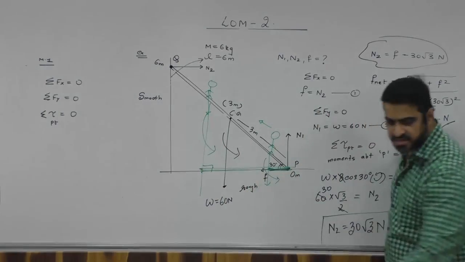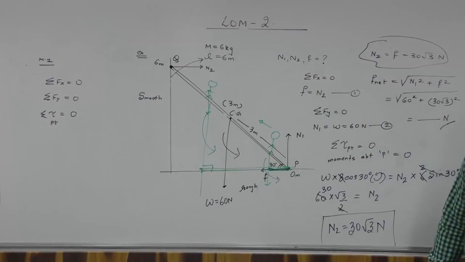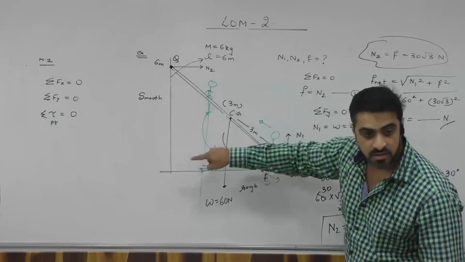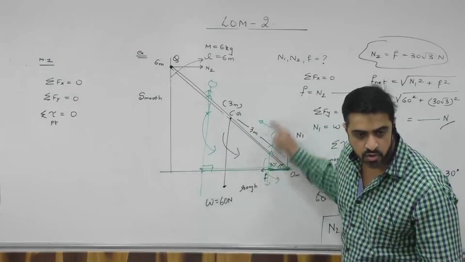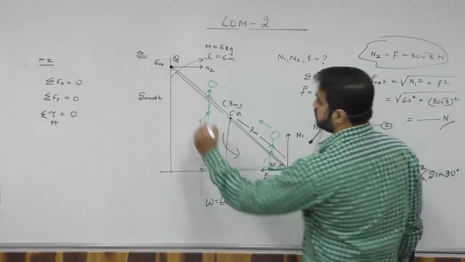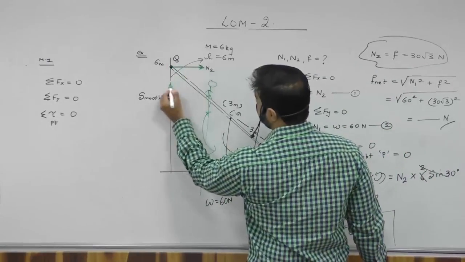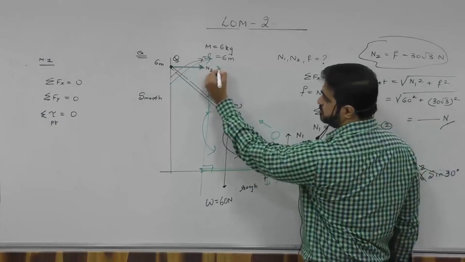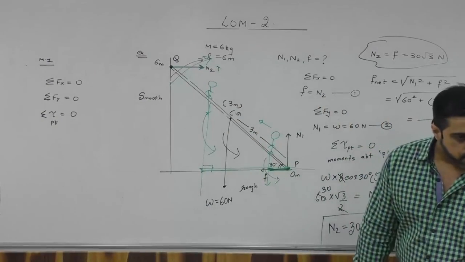So the torque will increase. Which torque is this? Clockwise, anti-clockwise? So if anti-clockwise torque is more, the clockwise torque has to be more. So indirectly N2 will increase.